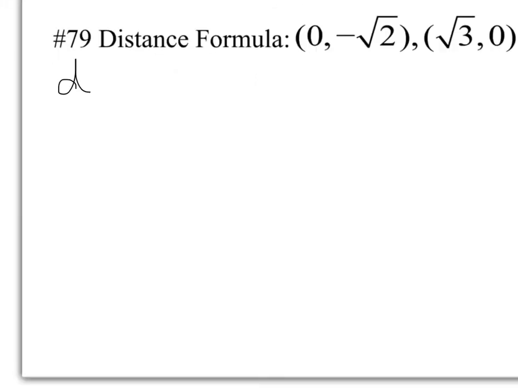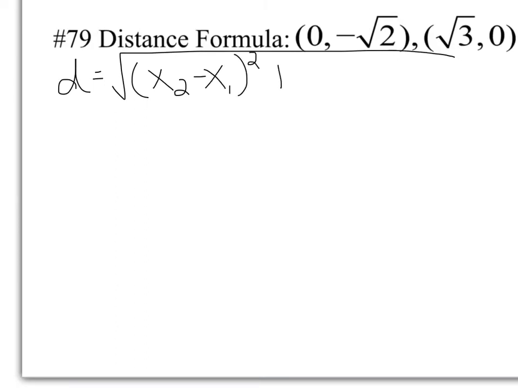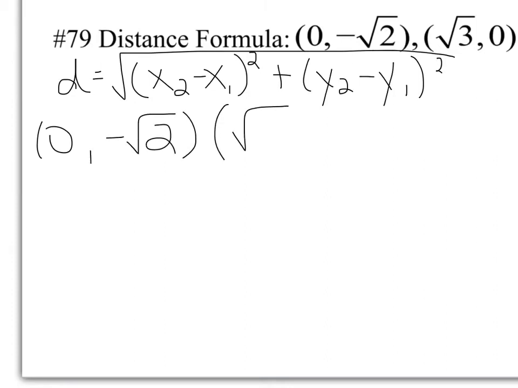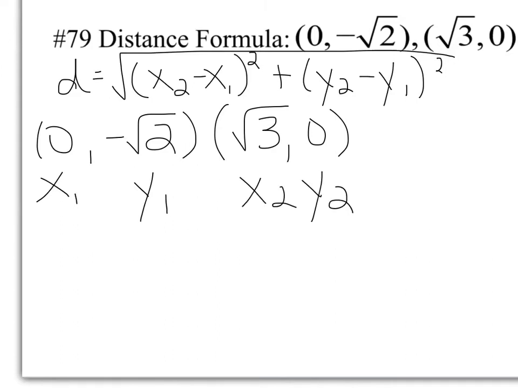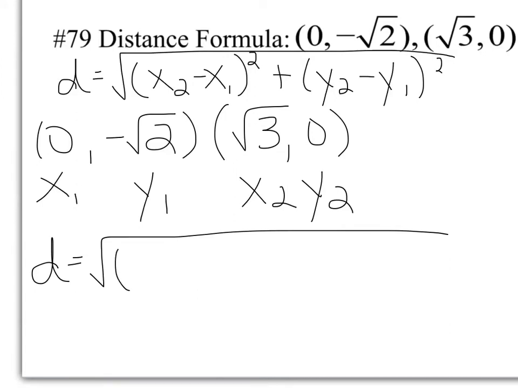Okay, so again here we're going to use our distance formula, which we just said is the square root of x2 minus x1 squared plus y2 minus y1 squared. So again, I'm going to label my points. So I have 0, negative square root of 2, and the square root of 3, 0. So I'm going to do x1, y1. They're both 1 because it's my first point, and x2, y2. They're both 2 because it's my second point. So when I go to plug in, I'm going to say the distance equals the square root. The first thing I want is x2, right?